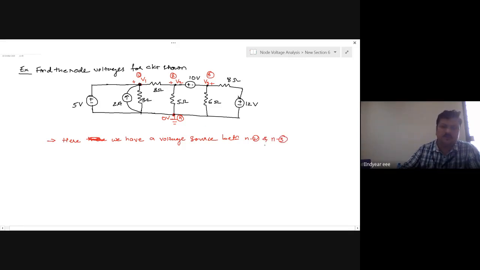Therefore, form a supernode of node 2 and node 3.